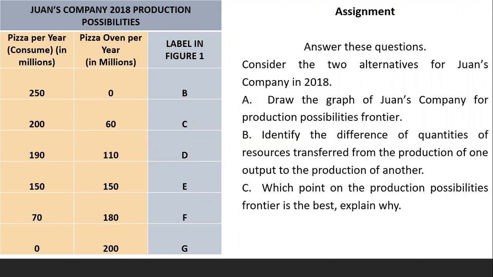Next, you need to identify the difference of quantities of resources transferred from the production of one output to the production of another. And the last one is you need to say which point on the production possibilities frontier is the best. Explain and why.